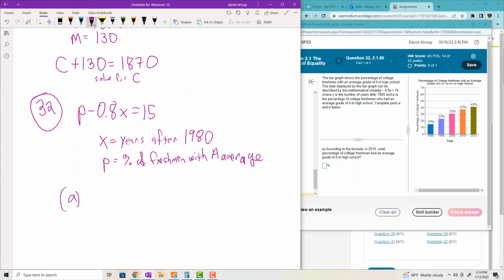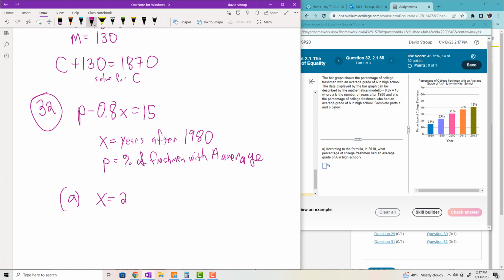According to the formula, so not the bar graph, the formula, in 2010, what percentage of college freshmen have an average grade of A in high school? So in order to work with that, we need to figure out what x actually equals, because we're not going to put 2010 into our formula. X is the number of years after 1980.